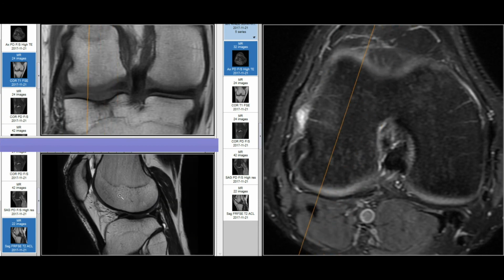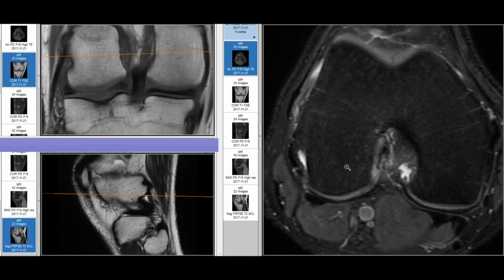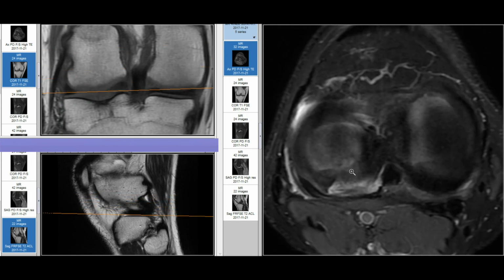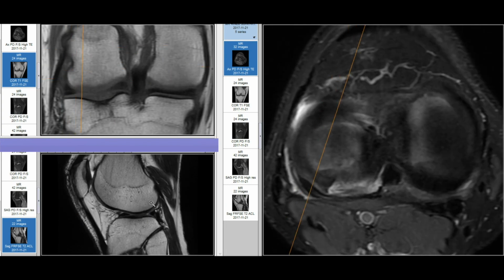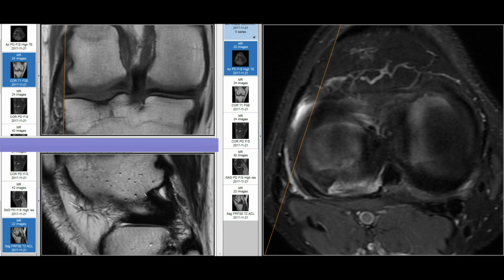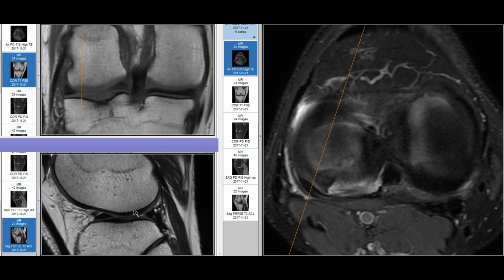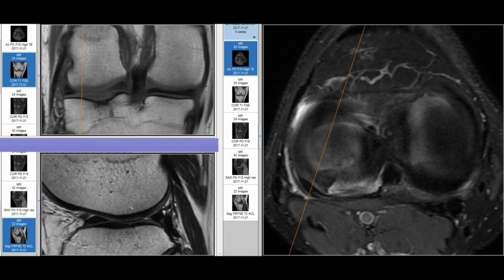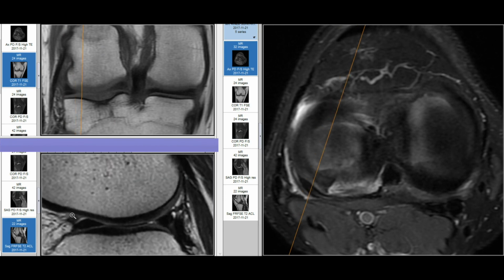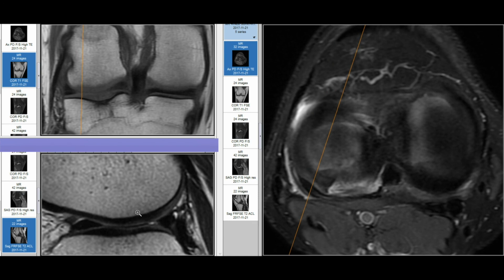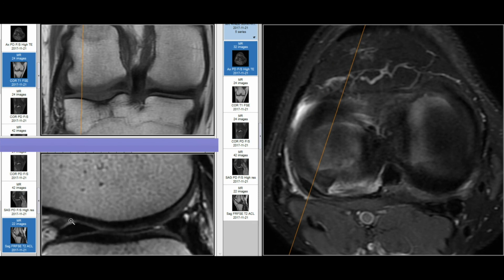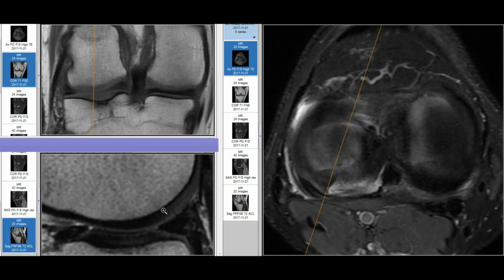So we're coming through. Let's go back up, see where we are relative to the meniscus. Now that kind of looks like damage on the front side of the meniscus too. It's not a nice little triangle like you see elsewhere.